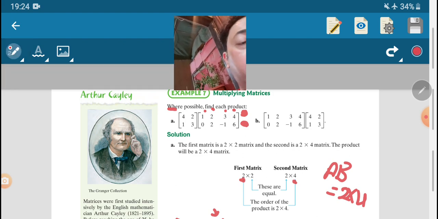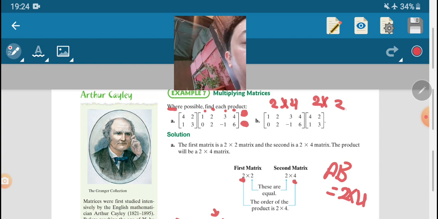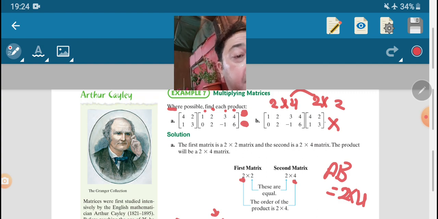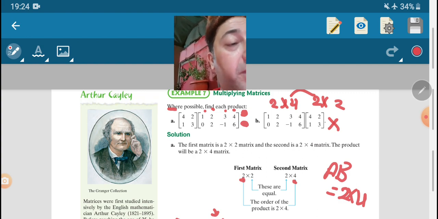Here is 2 rows and 4 columns. Here is 2 rows and 2 columns. So we cannot multiply them. Understand why we cannot multiply these 2 matrices? Because the inner dimensions are not the same.